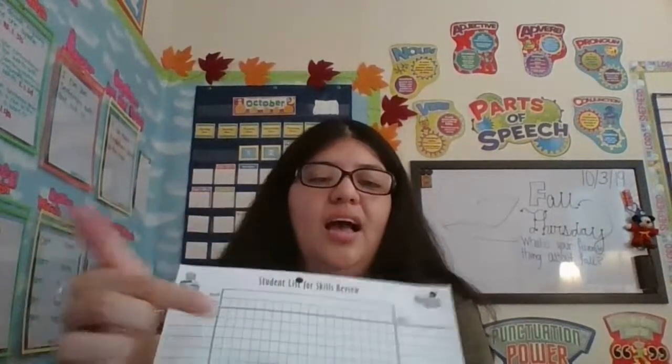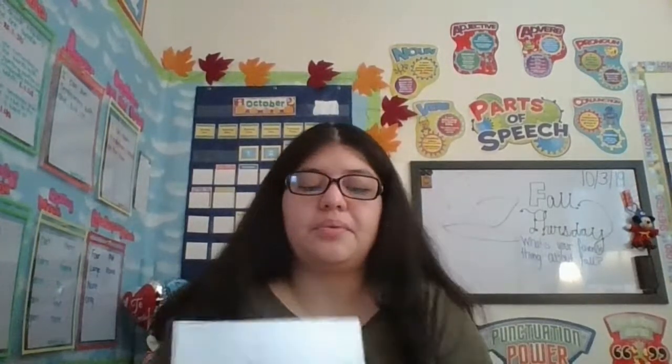I just put the name of the student that needs extra help. I check off when I meet with them and the skill that we're working on, or even the standard. I always put the standard on there. And I hole punch them and put them in my data binder, which I'm going to do right now.